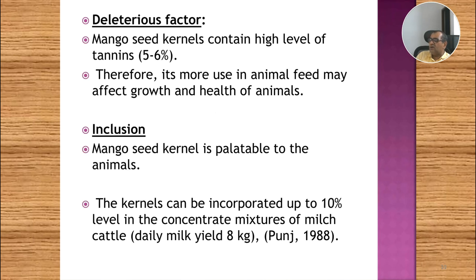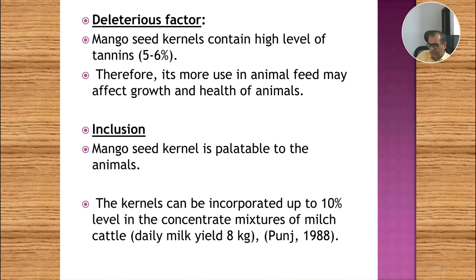Then compared to the deleterious factors present, especially the mango seed contains deleterious properties like the high starch content, which may sometimes cause acidity in cattle, and the kernels also contain a high level of tannins.